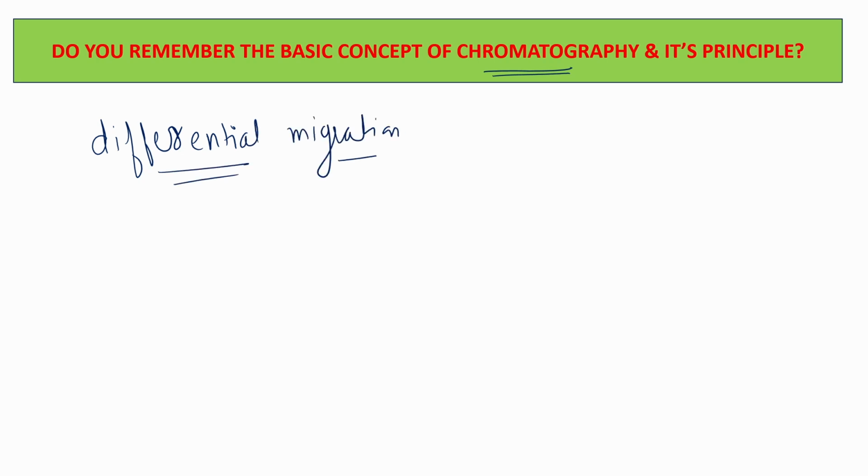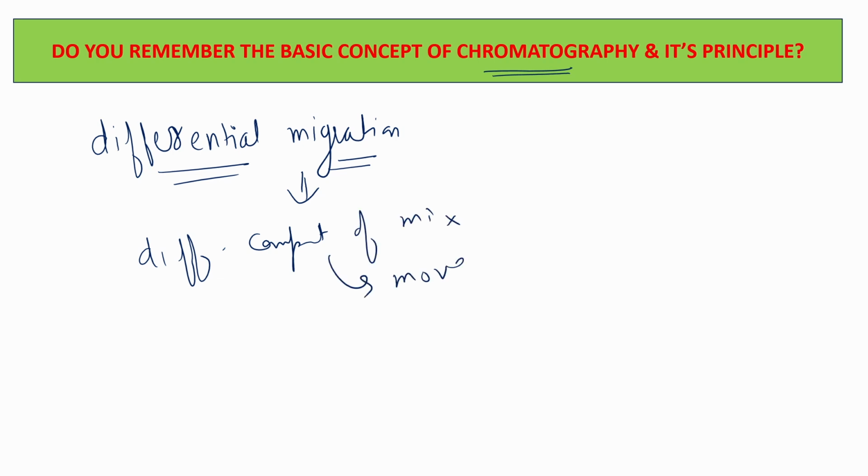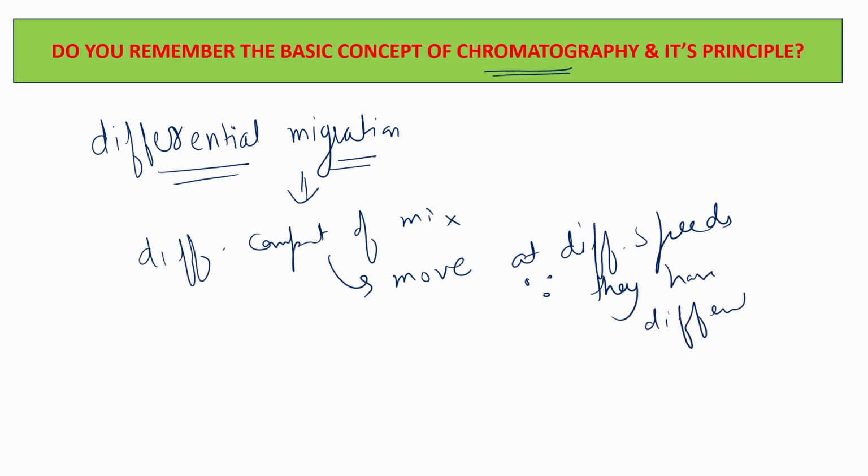Before we begin, let's quickly revise the basic concept of chromatography. The principle of chromatography is differential migration. This differential migration means different components of a mixture move at different speeds because they have different affinities.